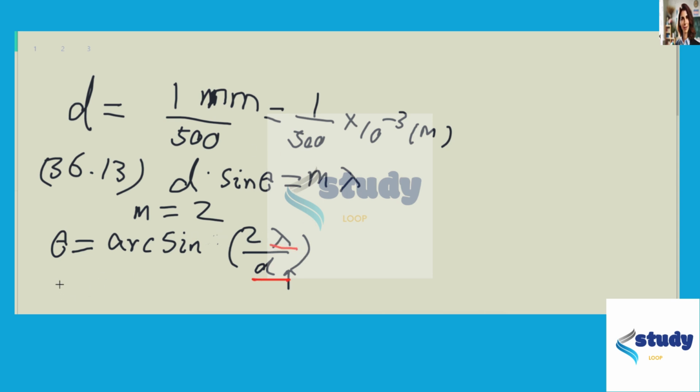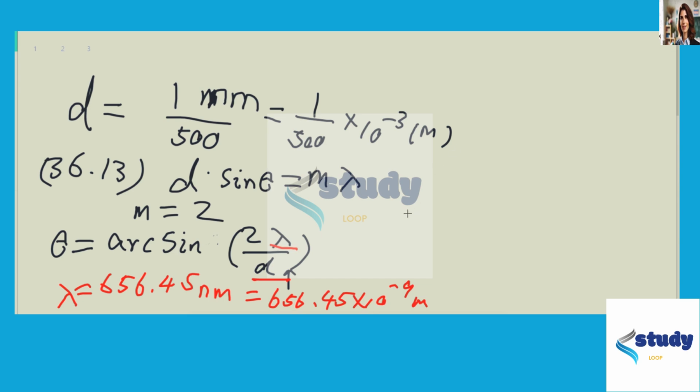We learned that lambda equals 656.45 nanometers, which equals 656.45 times 10 to the minus 9 meters.